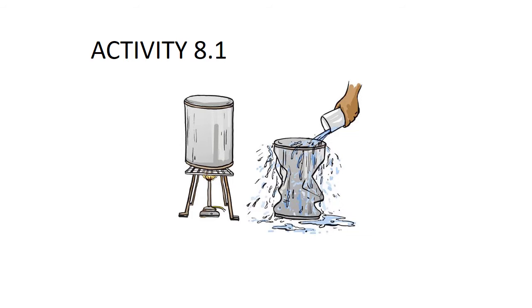Then you close the can with the lid. Then you pour fresh cold water over the can. You can see in the picture what happens to the shape of the can. Yes, as you can see in the picture, it gets distorted.